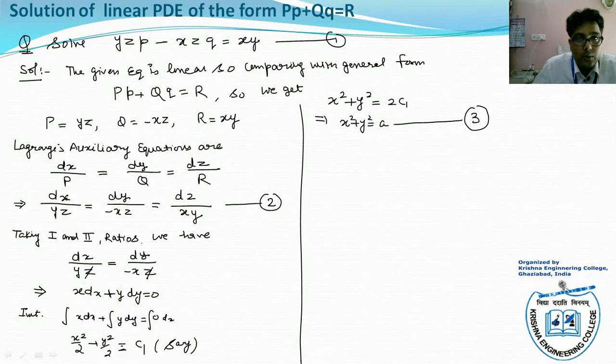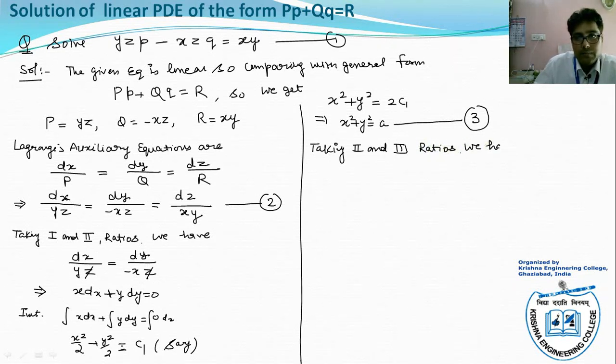Now find another independent solution by taking second and third ratios.